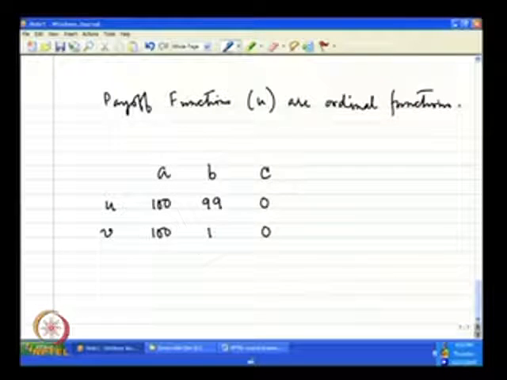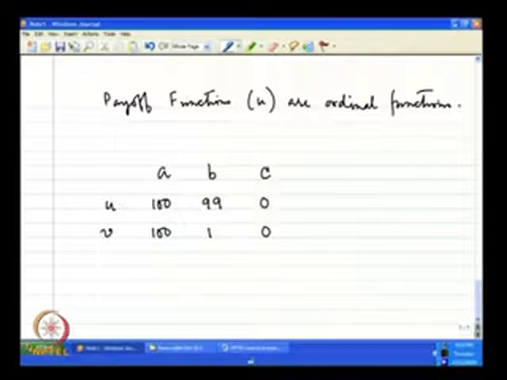The point here is that both U and V can be payoff functions, because relatively speaking, in U, UA is higher than UB, which is higher than UC. It does not matter what the value of UB is here, because in the first case the value of UB is drastically different from the value of VB in the second case. In the first case it is 99, in the second case it is 1. But it does not matter.